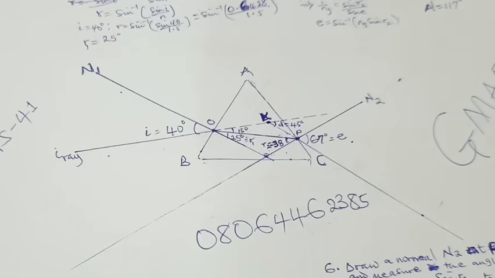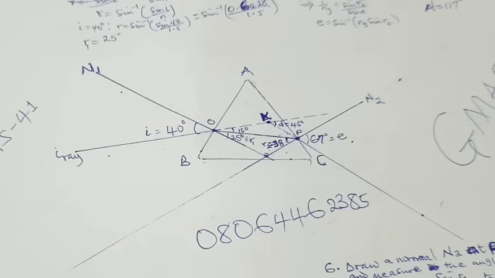So in this lecture video, I am going to teach you how you can carry out the triangular prism experiment tracing without actually doing the live practical. You are going to learn how to do the construction.